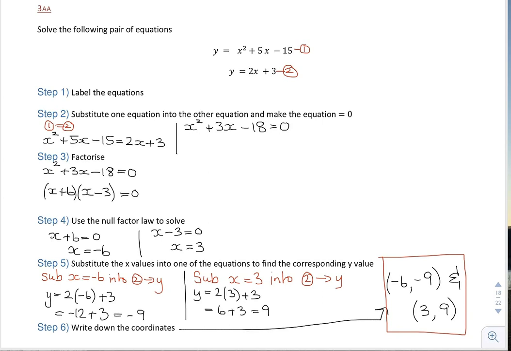Box that as our end answer. So the two equations, y equals x squared plus 5x minus 15 and y equals 2x plus 3, meet each other at negative 6, negative 9, and 3, 9.